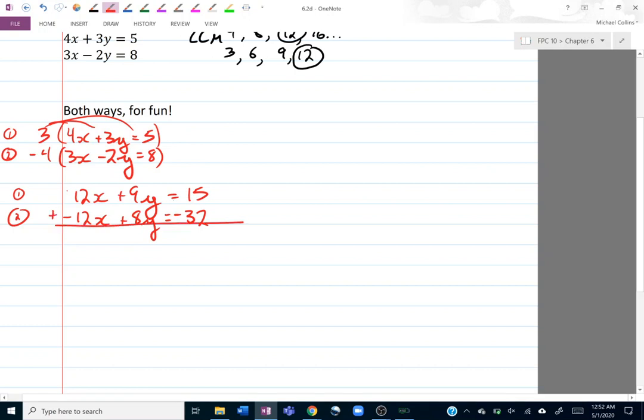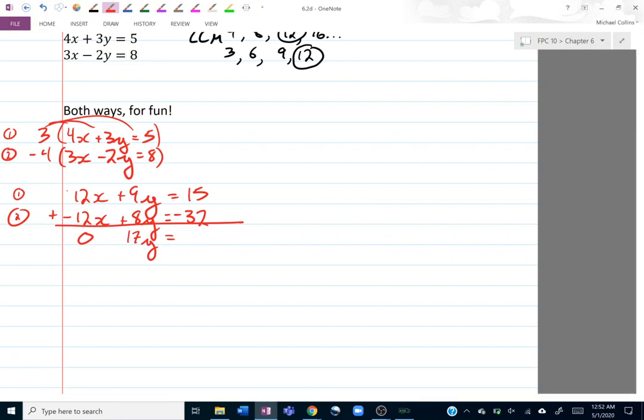12x plus a negative 12x is 0. The whole point. It's why we did all this. A 9 plus an 8 is a 17. And a negative 32 plus 15.